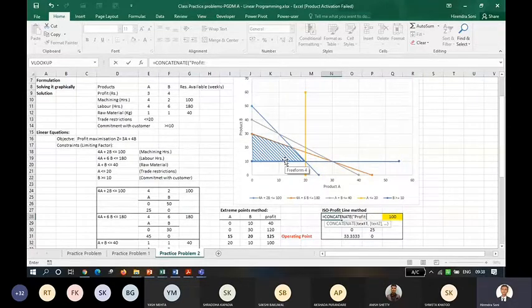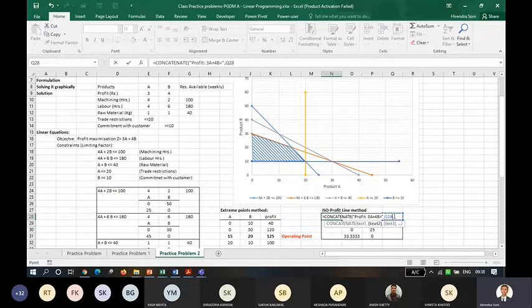Profit, 3a plus 4b equals, comma, and whatever is the value in this cell.